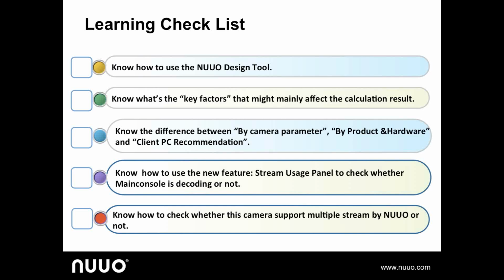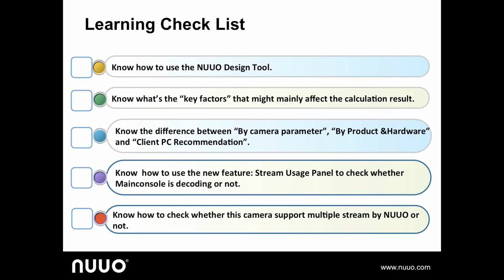And third, I would like you to know the differences between by camera parameter, by product and hardware, and client PC recommendation. What's the difference between these 3 cases, and when to use by camera parameter, when to use by product and hardware, and when to use the client PC recommendation.